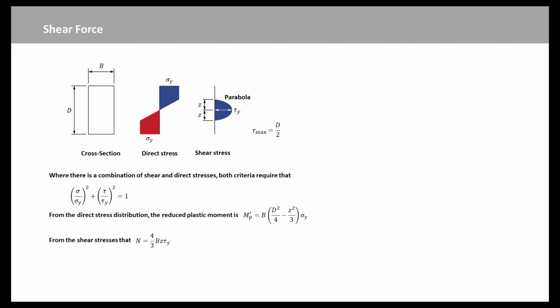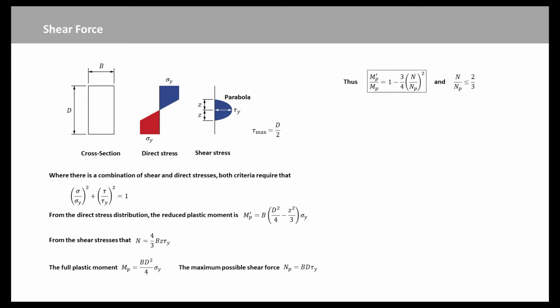We should be able to show that the reduced plastic moment in this equation, from the direct stress distribution in this figure, and from the shear stresses, that N equals 4/3 times B times Z times tau y. The full plastic moment MP and the maximum possible shear force NP, assuming the yield shear stress over the whole section.